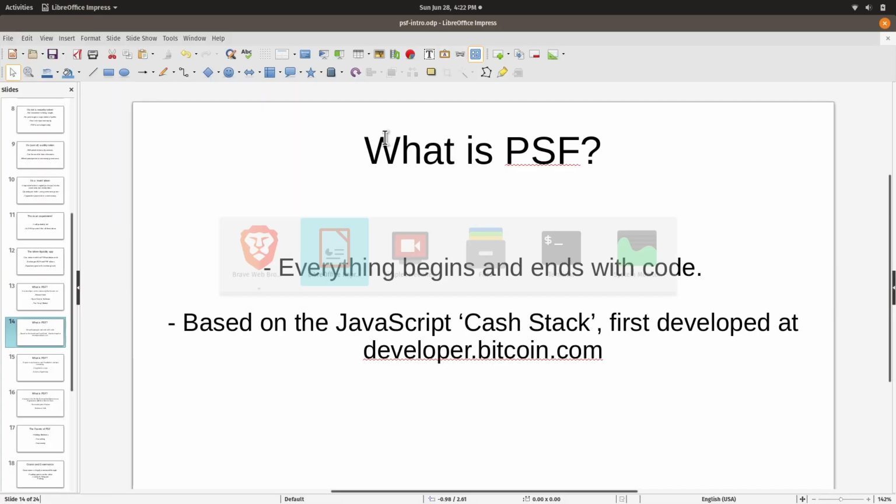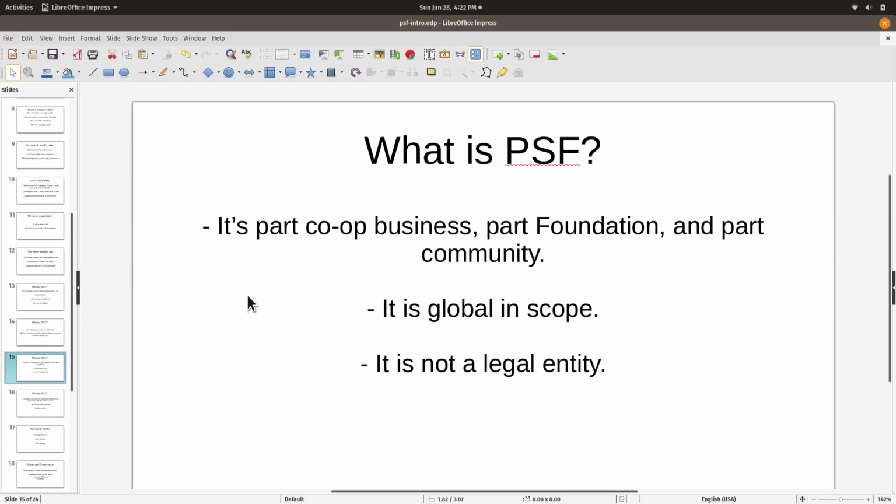And that's probably a good segue into the next section. What is PSF? Let me talk. So now that I've talked a little bit about the tokens, and I haven't fully explained it, but I've tried to hint and foreshadow the full explanation, which I'm going to give once you understand what is the actual community or the organization that is the Permissionless Software Foundation. So it's part co-op business, it's part foundation, and it's part community.